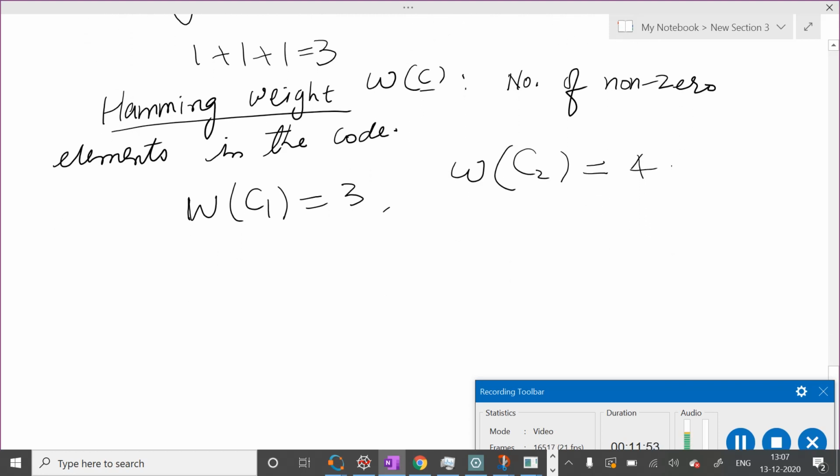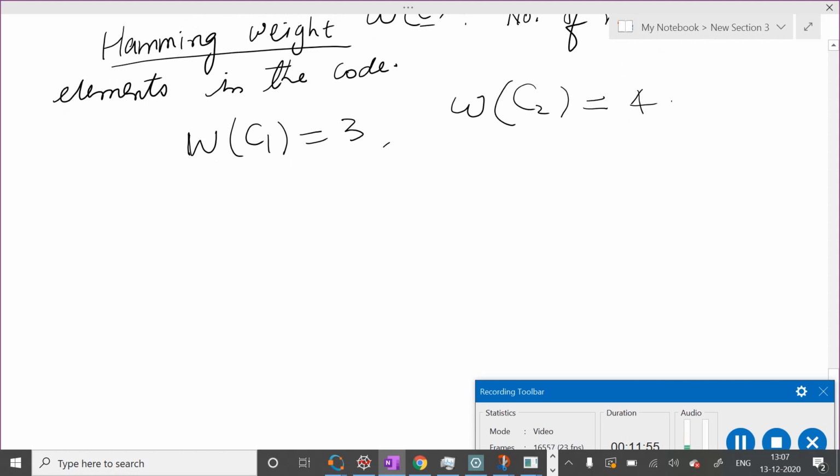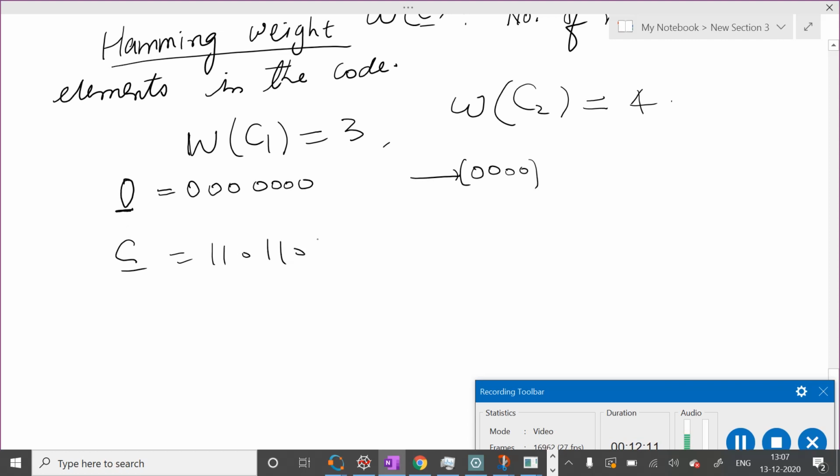There is a very important thing. See, there is an all zero vector, which I will note as 0, the all zero code. This corresponds to message 0000. If you take any other code, suppose 1101101, 1 2 3 4 5 6 7, and you take the Hamming distance of that code with the 0 code, what will you get?